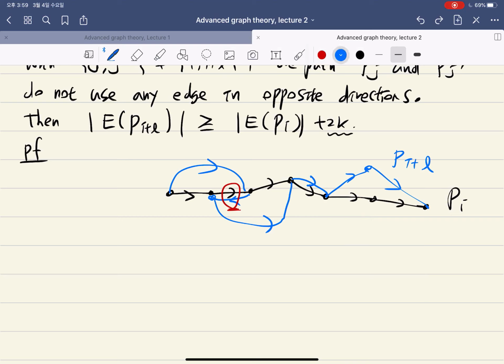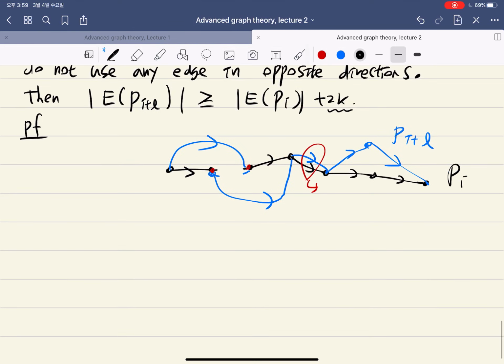Okay, and now from here, what we want to do is that this edge is traversed in the opposite direction by these two paths, so we want to simply delete it. Then everything else we keep, and we keep the common edges as a multi-edge.